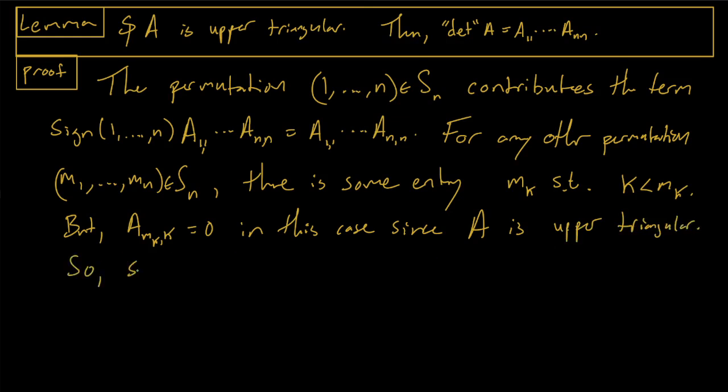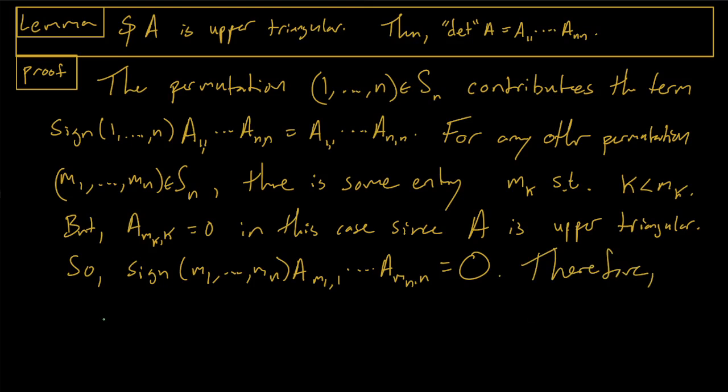So sign of m1 through mn, a_m1,1 product all the way down through a_mn,n is equal to 0, since a_mk,k is equal to 0.